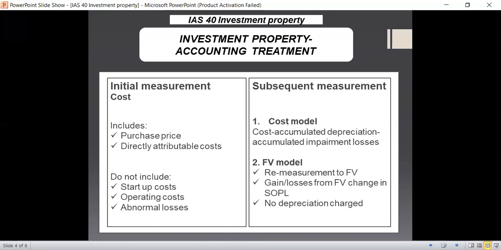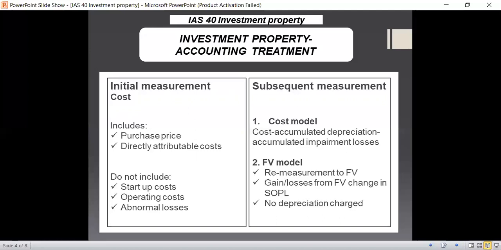Now let us have a look at the fair value model, and you need to be clear that the fair value model used for IAS 40 is not the same as the revaluation model used for IAS 16. There is a change in IAS 40. Under the fair value model, the investment property shall be measured at fair value, and it means that the investment property shall be revalued at least at the end of the reporting period. And the rules for fair value measurement are present in IFRS 13, which we will be discussing later.